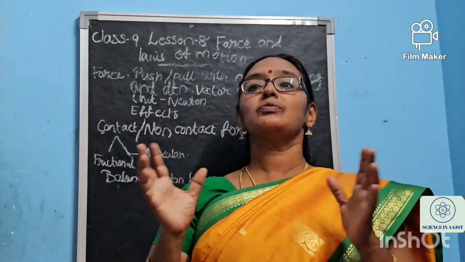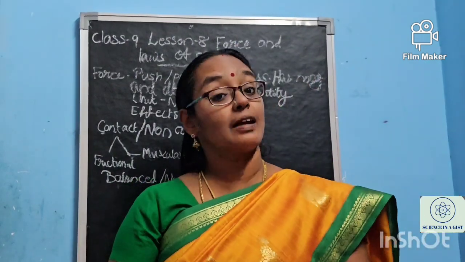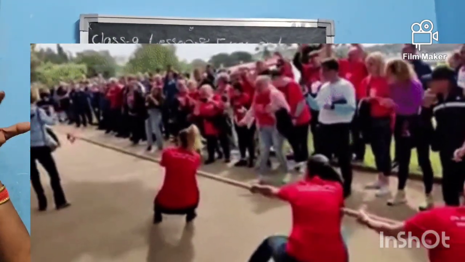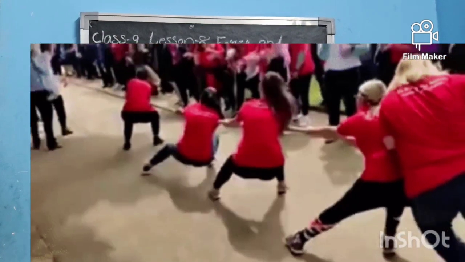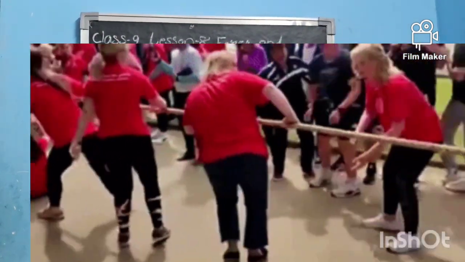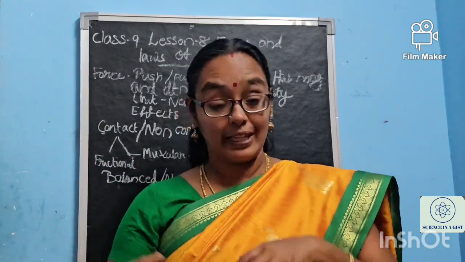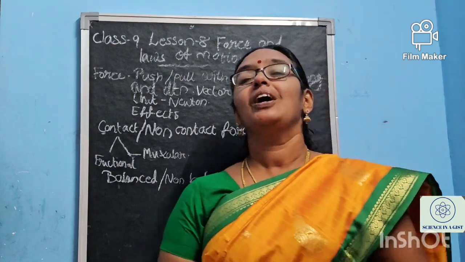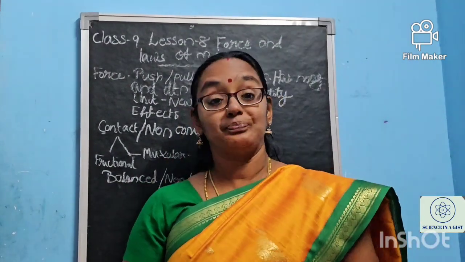That is unbalanced force. A best example is tug of war. If both sides are equally strong, the rope will stay balanced, and if one side is stronger, the rope will move in that direction. They are pulling, right? So it will move in their direction only. Thus balanced and unbalanced force is also clear for you.